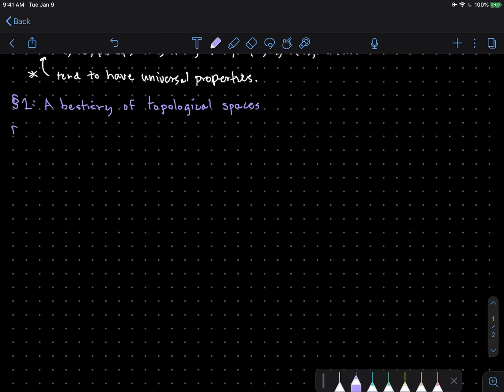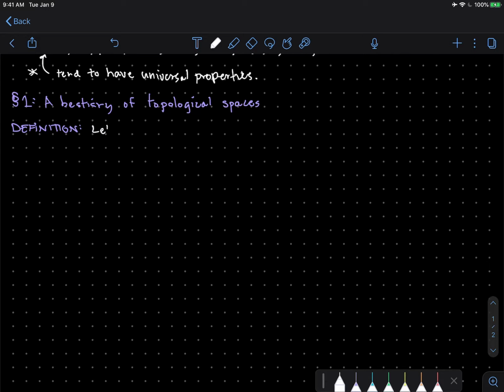All right, so our first definition. Let n be some natural number. The n-sphere, Sn, is going to be the subspace of points x in Rn plus 1 with magnitude 1.